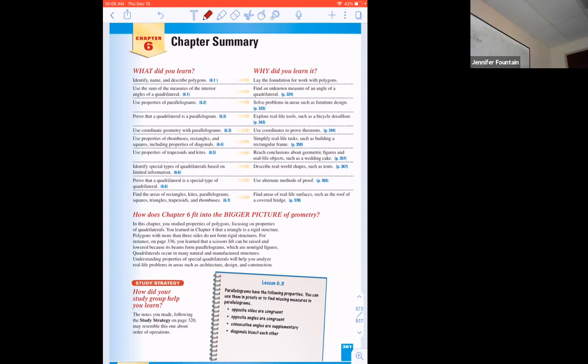But what do I know the measure of this side is? 13. Okay, how could I find the measure of this other side? No, 8 goes along with that. Okay, so this is broken into 4 right triangles, right? What formula can I use if I have right triangles and I'm missing a side?